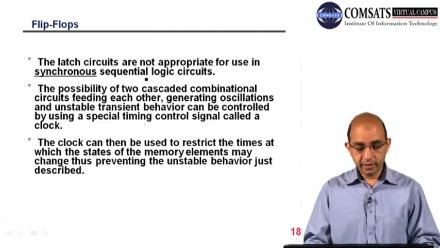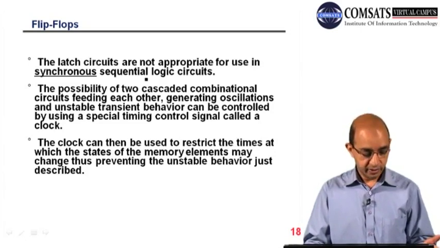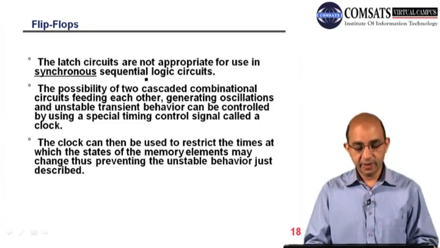Moreover, there is the possibility of two cascaded combinational circuits feeding each other. This is what we discussed regarding latches. But the problem is they generate oscillations, and as a result of those oscillations, we have transients, and we don't have control over those transients.